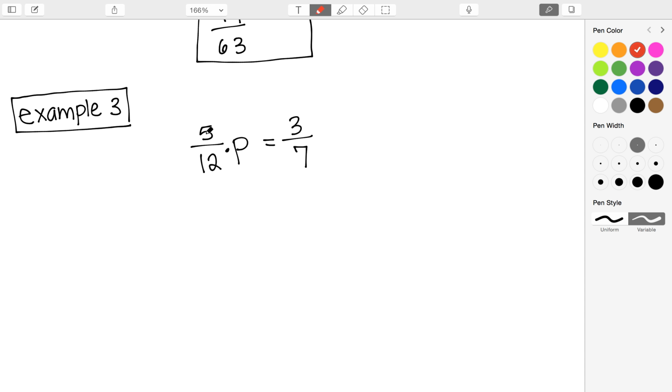So now I'm going to try to undo this or get this 5/12 to go away. So on both sides, it's an equation, I have to stay even. If I am multiplying by 5, the way to get rid of that is to divide both sides by 5. If I am dividing by 12, the way to undo or get rid of that is to multiply both sides by 12, which creates this fancy guy here, which again, we call our reciprocal.